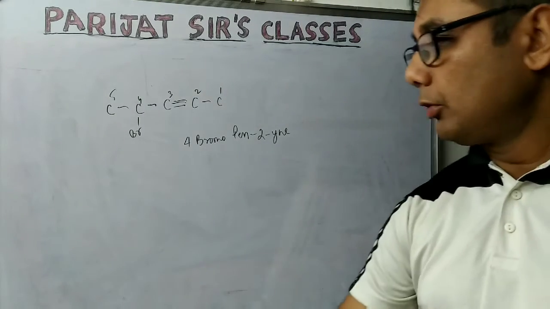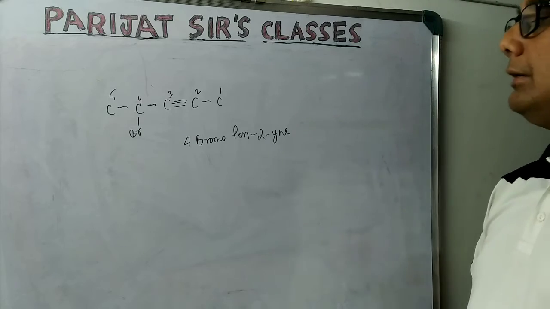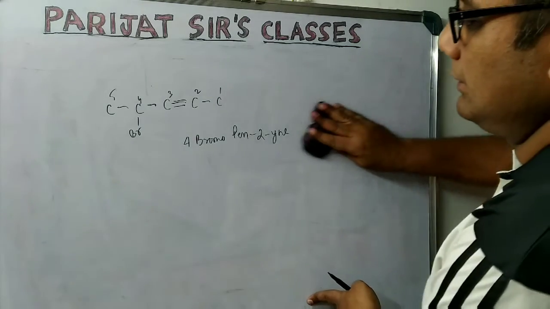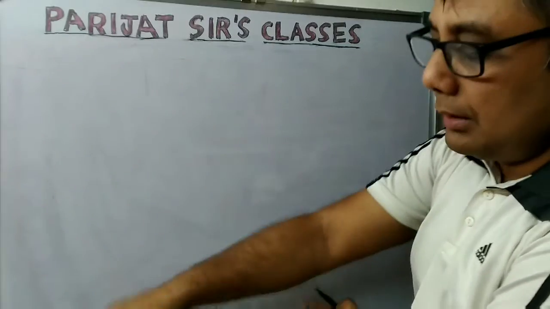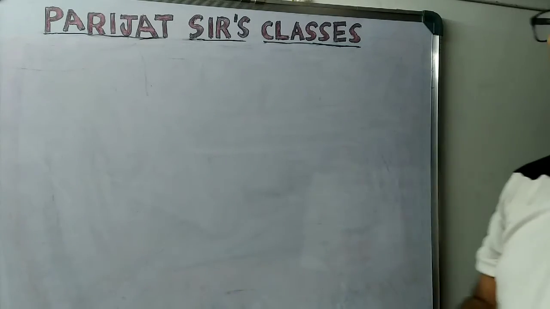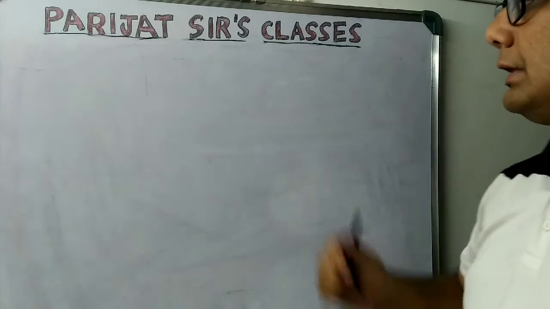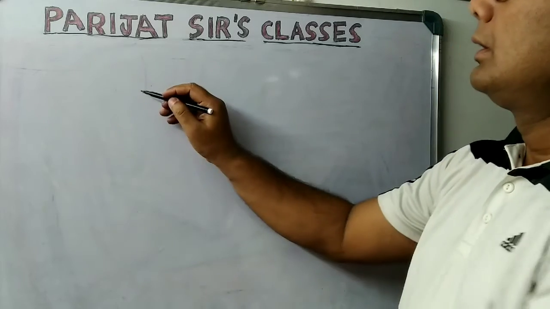So it is 4-bromo pent 2 ine. Clear? So you have to just remember the names of the carbon atoms, functional groups, longest chain, all this. Let's see a few more.